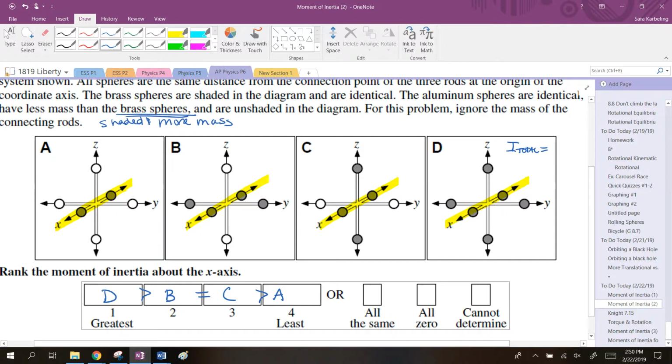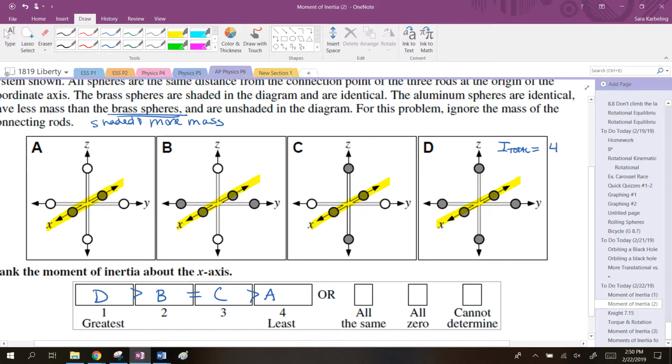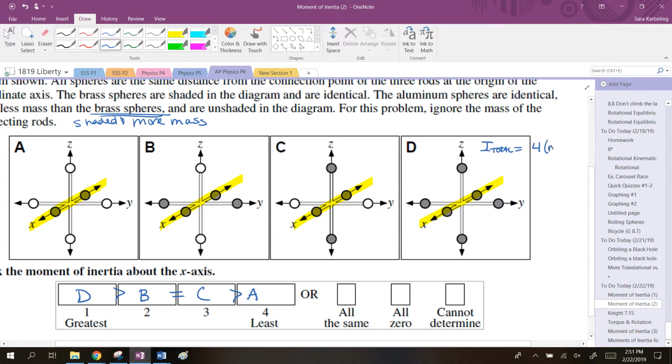You've got 1, 2, 3, 4. Each of those has a mass that's the same, and these radii are all the same, right? So you've got 4 of mr squared. They're all the same. Yeah?